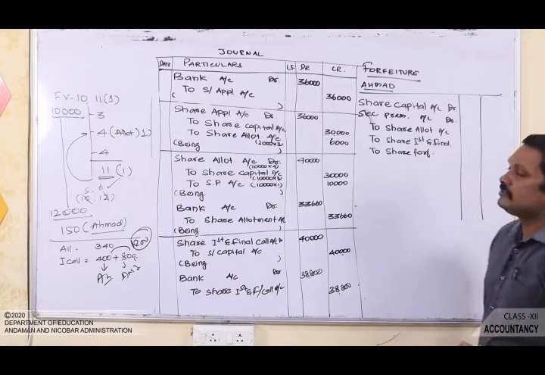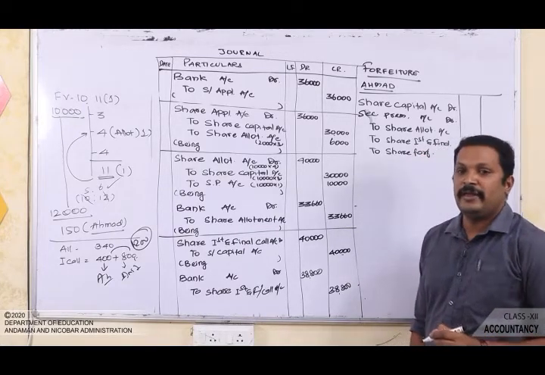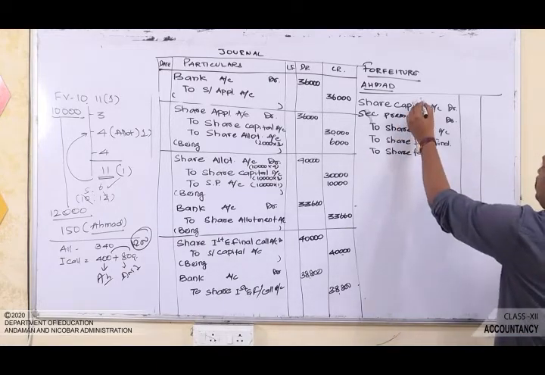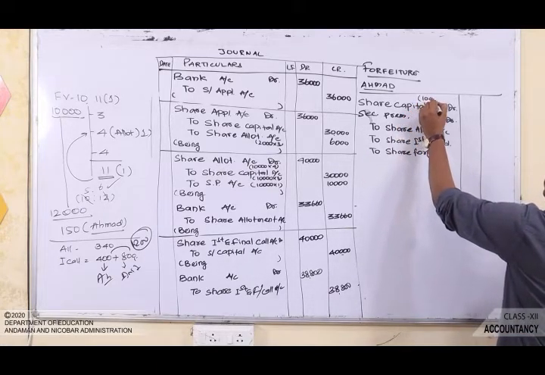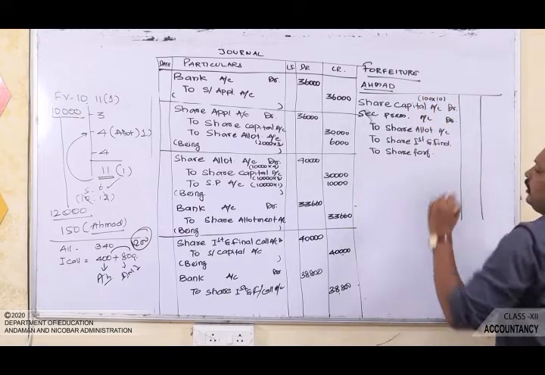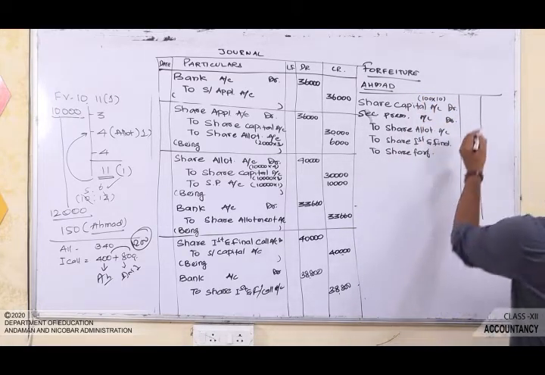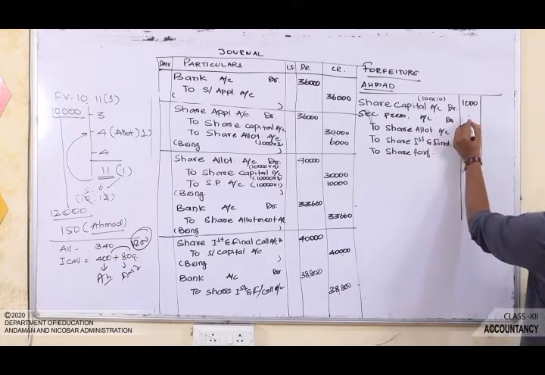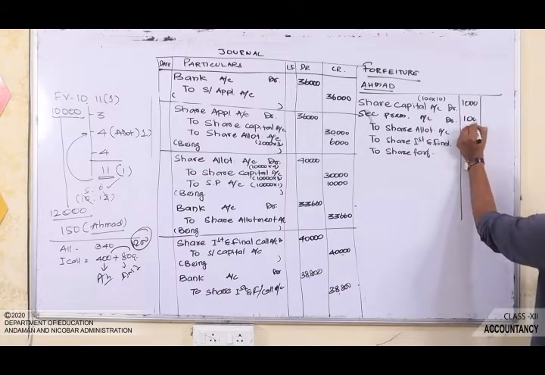Okay. So this is the forfeiture entry in respect of Ahmed. So write the amount. How many shares are forfeited? 100 into face value fully called up, that is 10. 100 into 10, 1000, and premium is 100 into 1, that is 100.